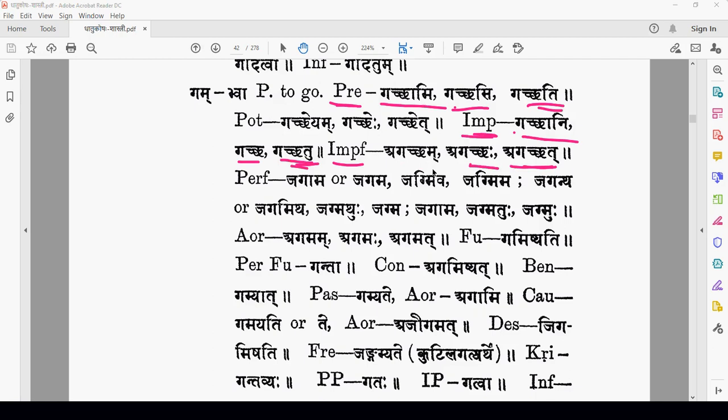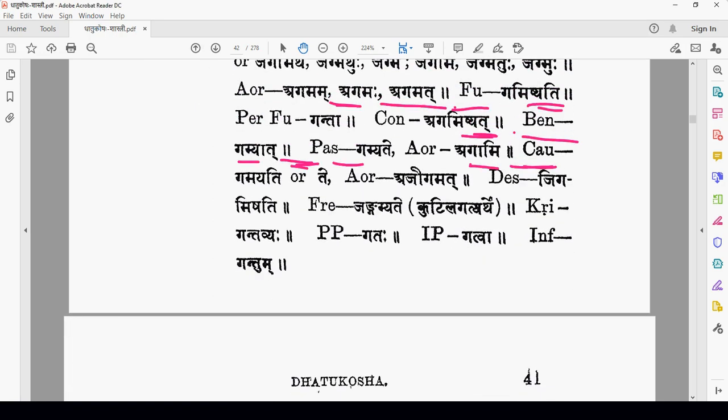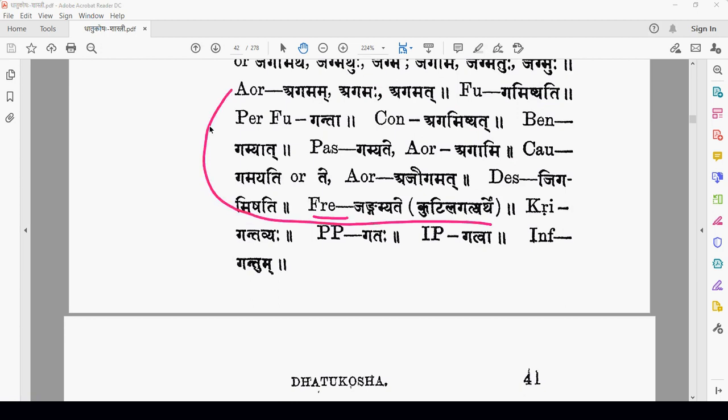But if you scroll down here, after this part, these are all kriyapada or verb forms. After this, we have the kridanta forms. Gantavya is one form. Gantavya means to be gone.